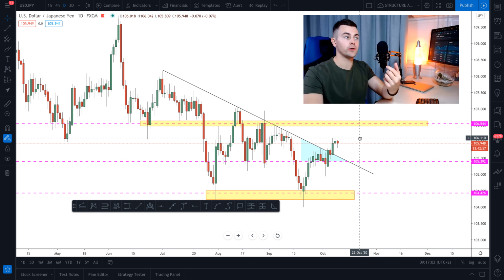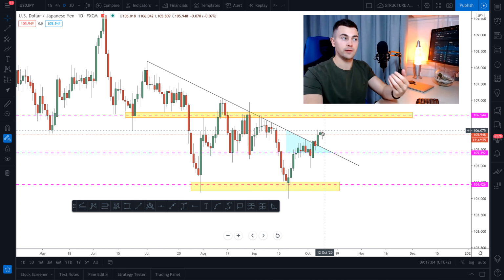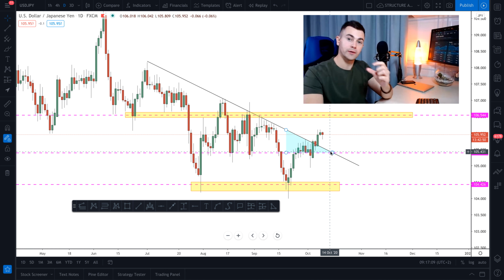As you can see, according to my structure analysis, the pair is just trading between two structure levels, so it is just in between. While it is trading between the key levels, we don't trade the pair at all. So it is crucially important for us to know the moment when the market reaches the key level.